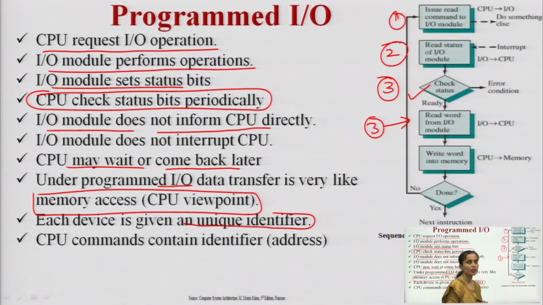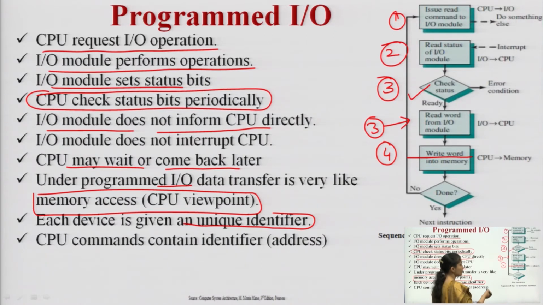Whatever contents were placed in the data register, now the content of the data register will be sent to the CPU via the data bus. Then after sending the data to the processor, the memory comes into the picture. Now CPU to memory communication is taking place.